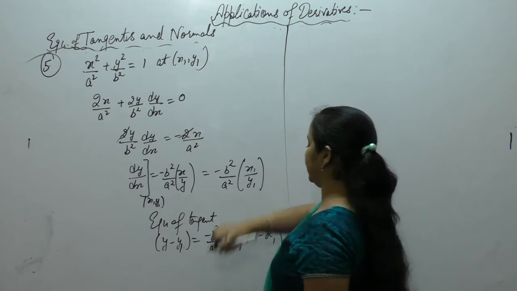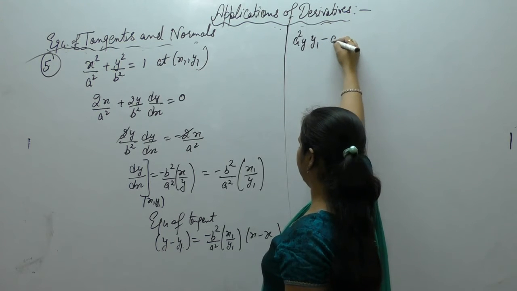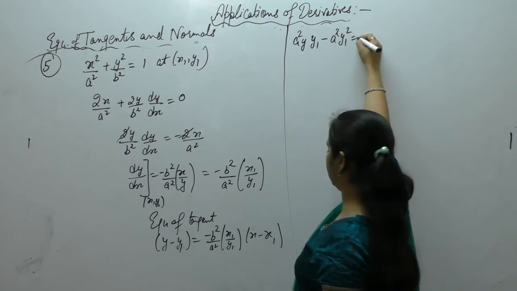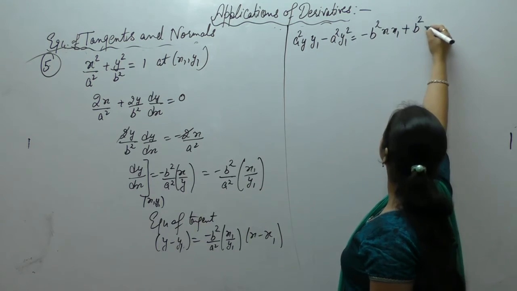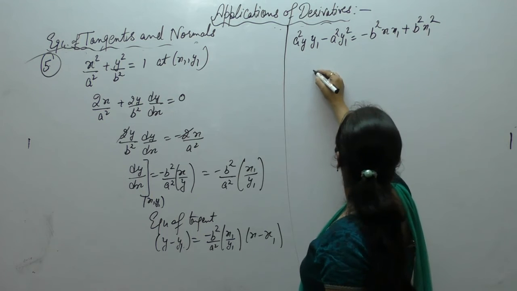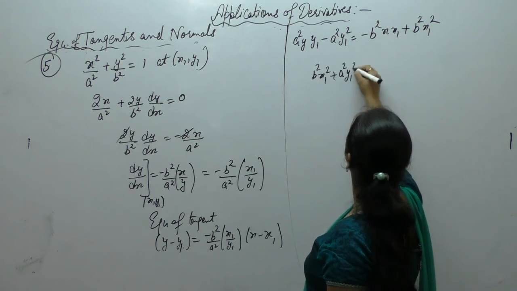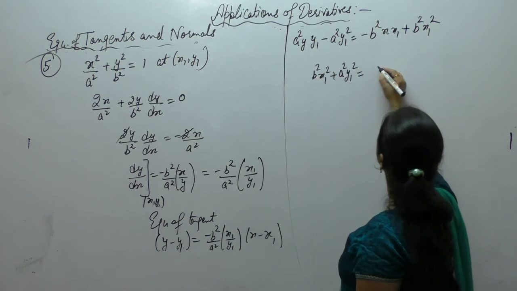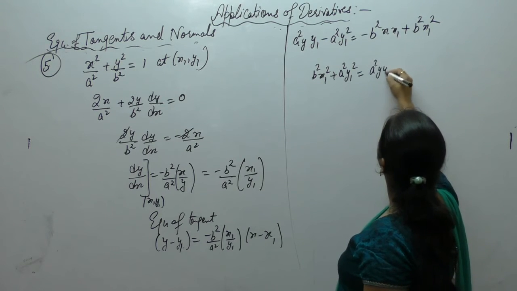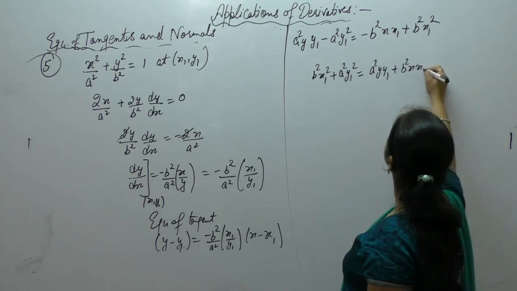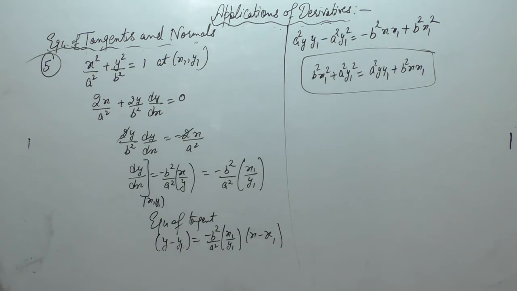Cross multiply: a square y y1 minus a square y1 square equals minus b square x x1 plus b square x1 square. So we get b square x1 square plus a square y1 square is equals to a square y y1 plus b square x x1. This is the equation of tangent.